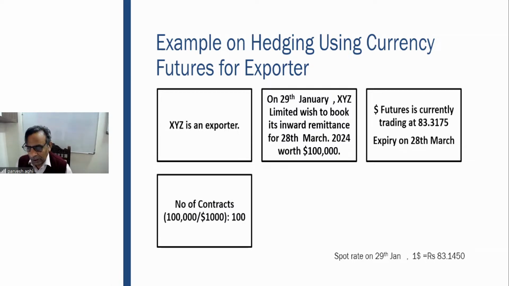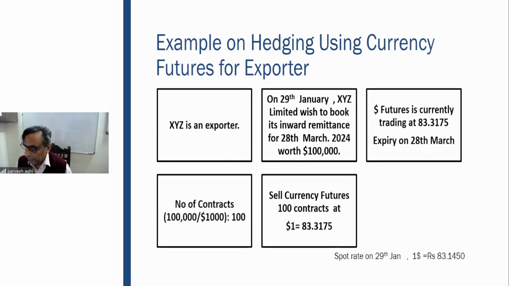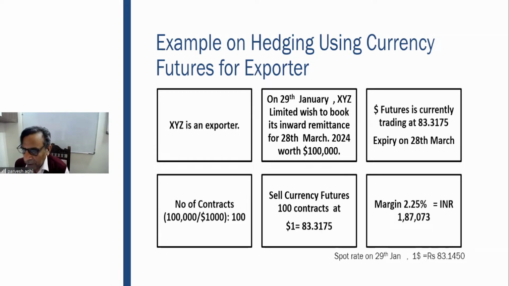You have to choose 100 contracts, $1 lakh divided by 100. Now, instead of buying, you have to sell currency futures. As an exporter, you need to sell. As an importer, you need to buy. Because when you sell, you have sold something to someone at 83.31.